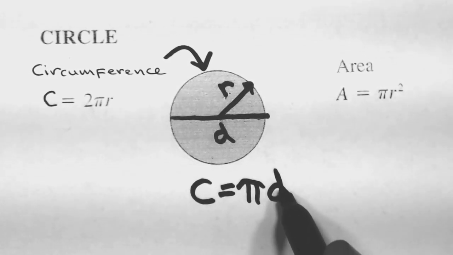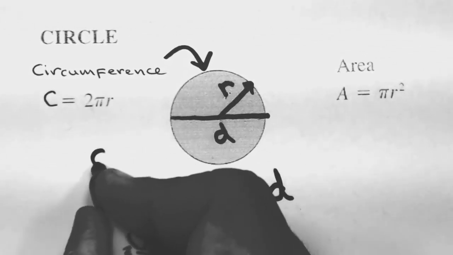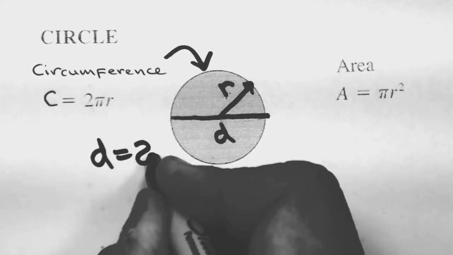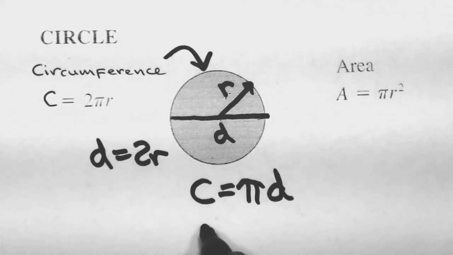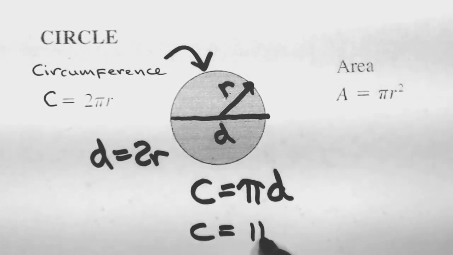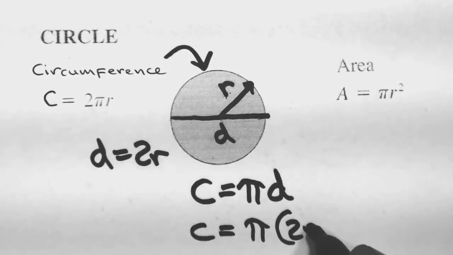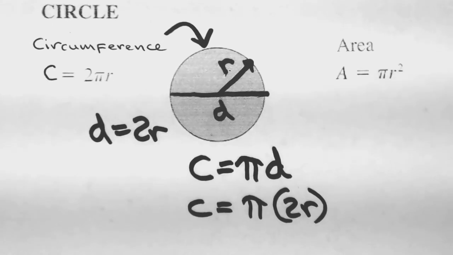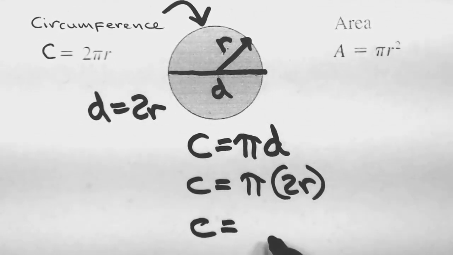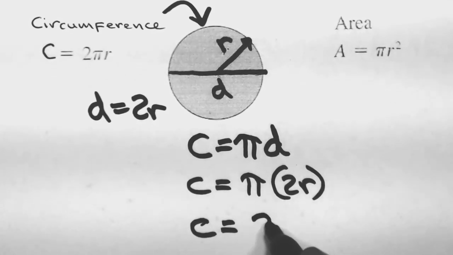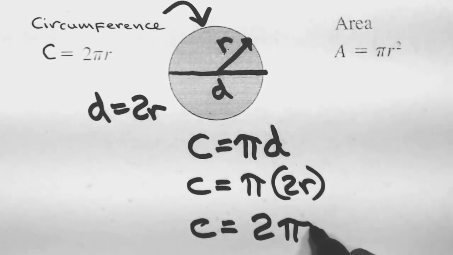So of course, if we made use of that, d equals 2r, replace the d here with the 2r, we get c equals pi times 2r. And of course, folks usually put the number in front, so we could say c equals 2 times pi r.